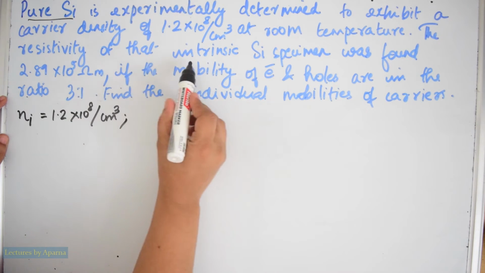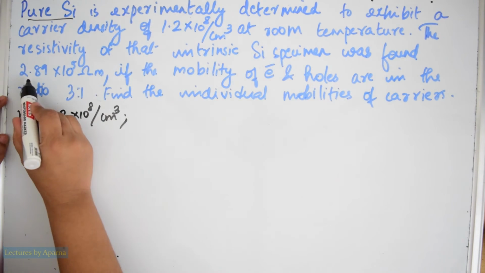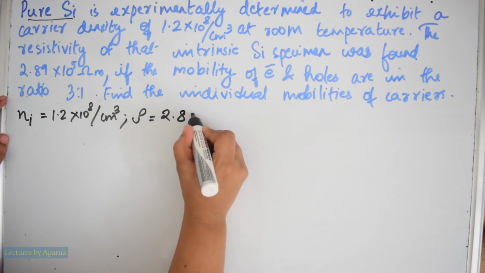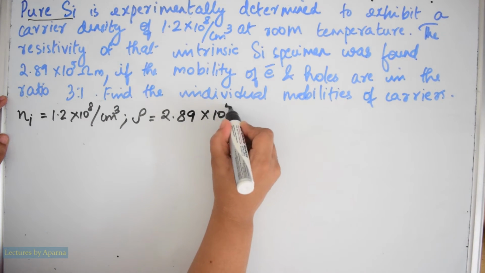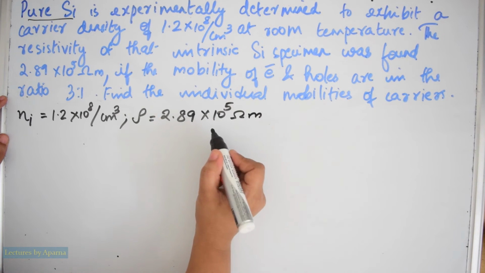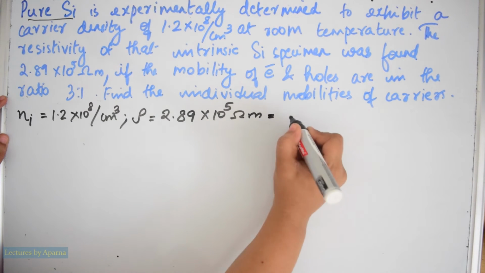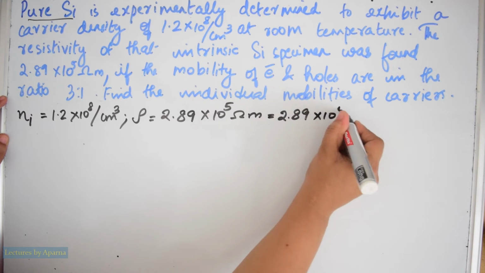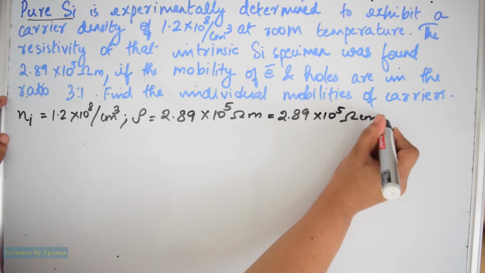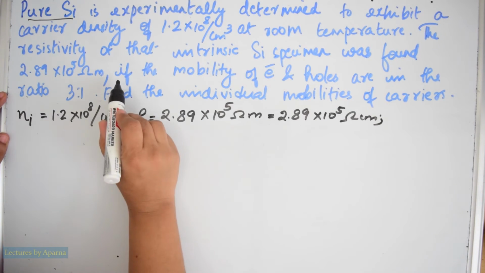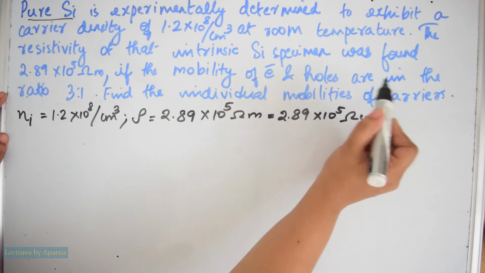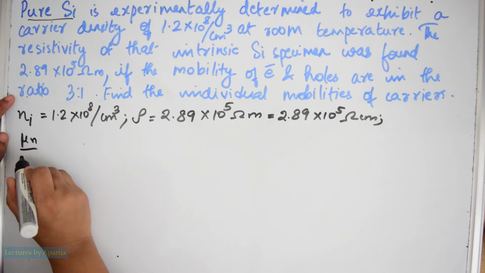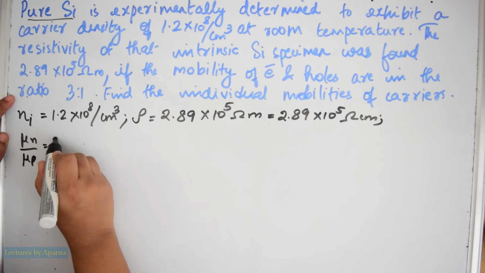The resistivity of that intrinsic silicon specimen was found 2.89 into 10 raised to 5 ohm meter. Since this is in centimeter, let me convert this into centimeter. Just 2.89 into 10 raised to 5 ohm centimeter. Okay. If the mobility of electron and holes are in the ratio 3:1, mobility of electron to mobility of holes is 3:1.